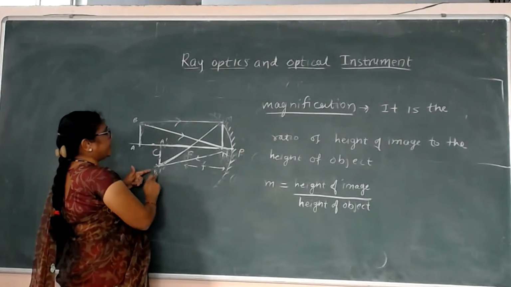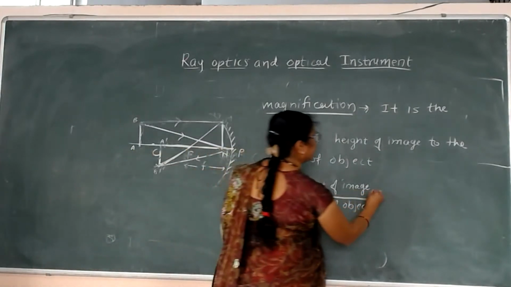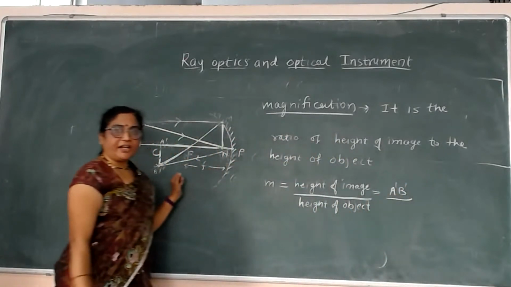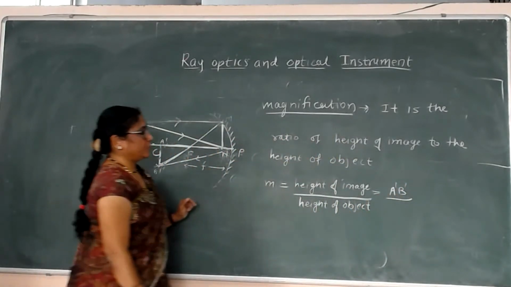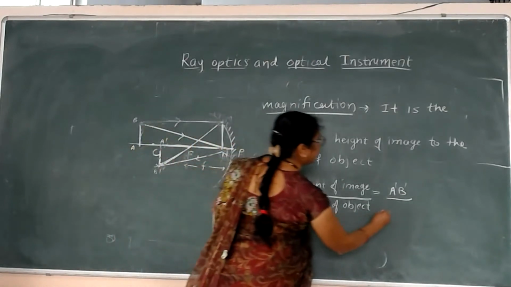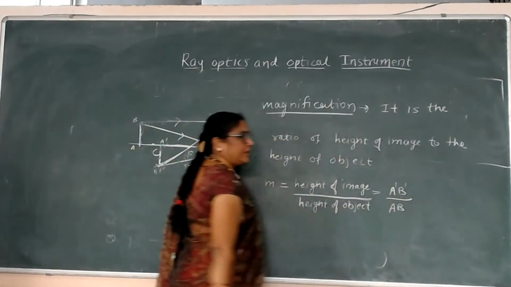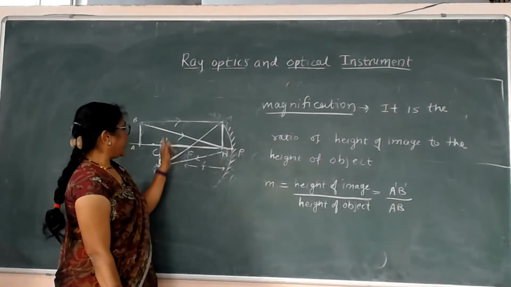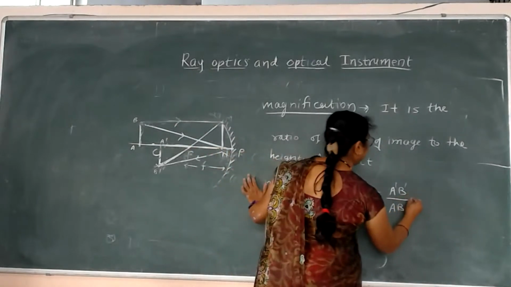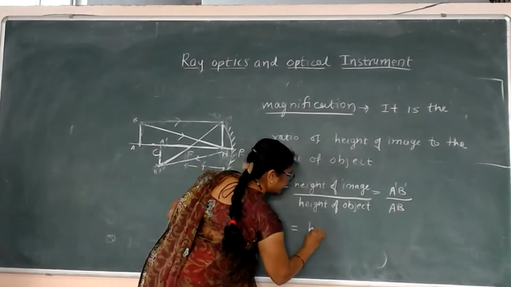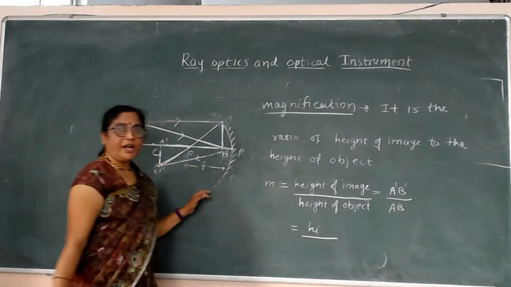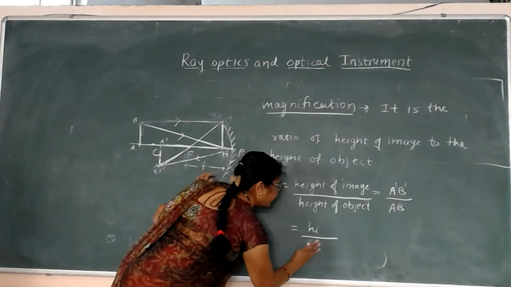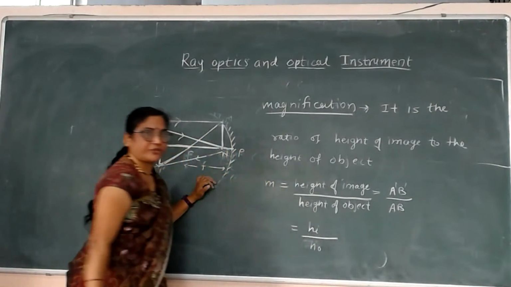Height of image is A dash B dash, divided by height of object, which is AB.